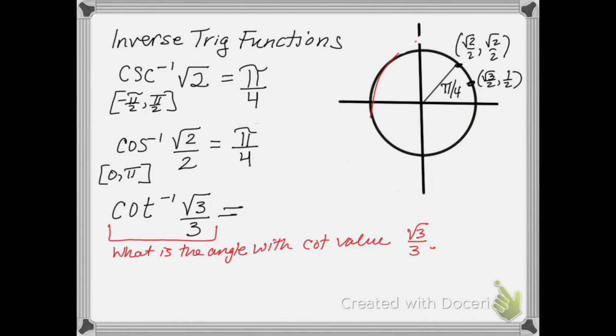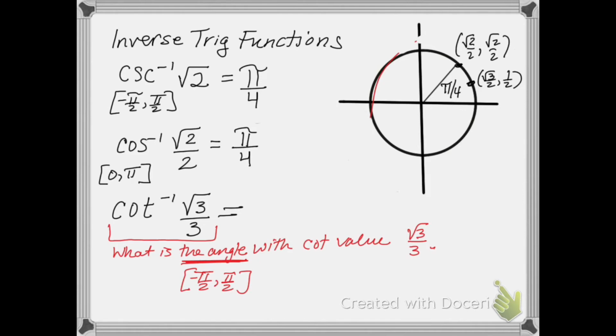So let's look at that statement a little bit and say a couple things. One is the angle has to be between negative pi over 2 and pi over 2. Otherwise, we're going to have infinite possibilities, right? Which is okay in some contexts, but in this case, we want one unambiguous solution.